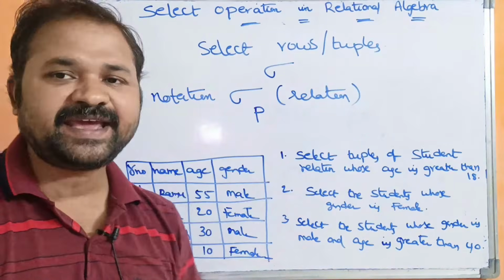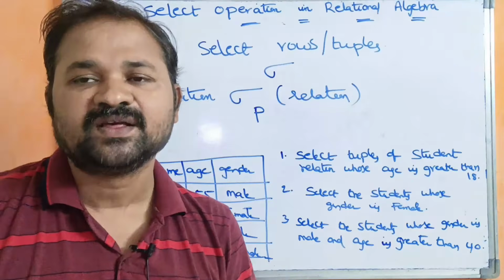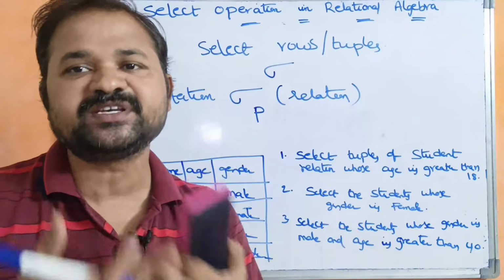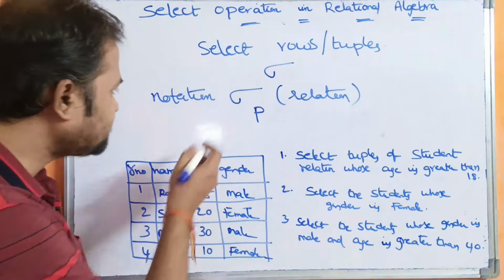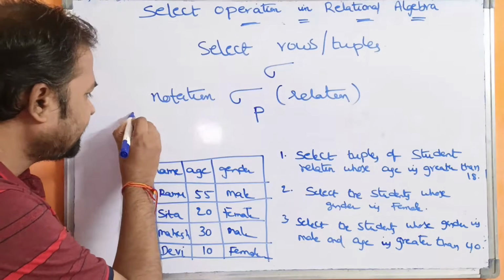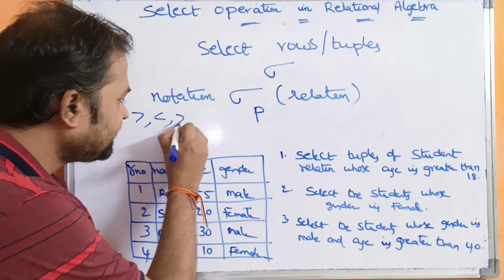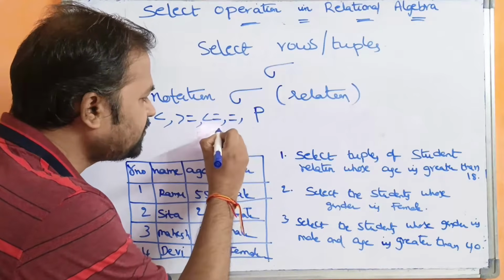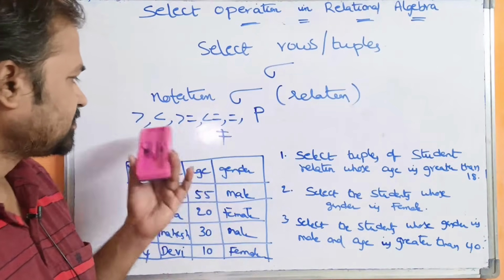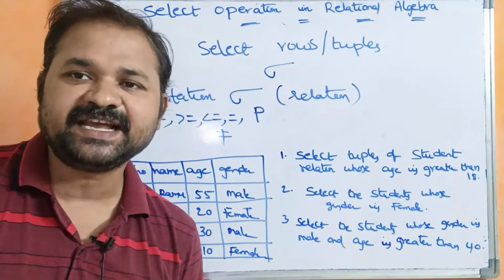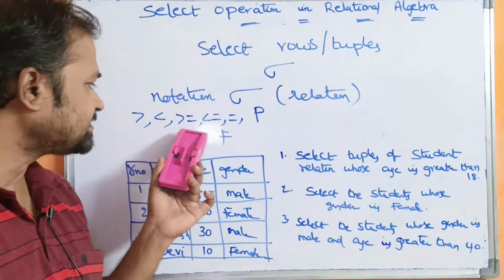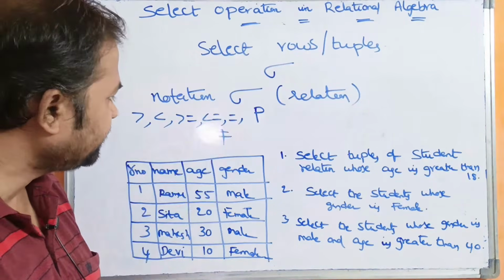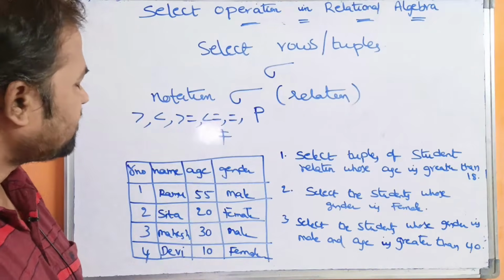Here for the predicate we use various connectives and symbols, such as relational operators: greater than, less than, greater than or equal to, less than or equal to, equal to, and not equal to.